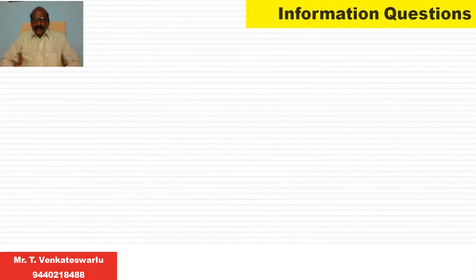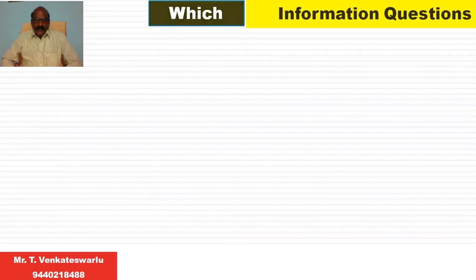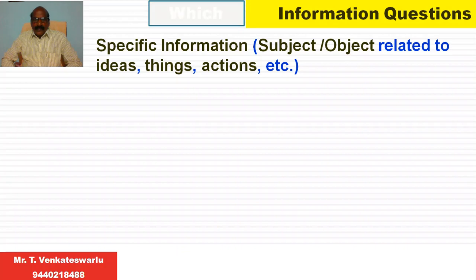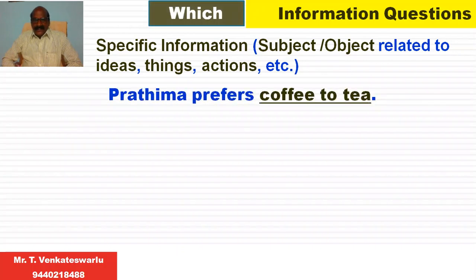Next, another question word, which. We use the question word which to refer to some specific information, and that information might be of subject or object, and it is also related to some ideas, things, actions, etc. For example, Pratima prefers coffee to tea.